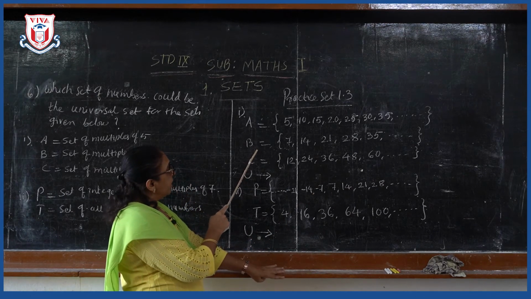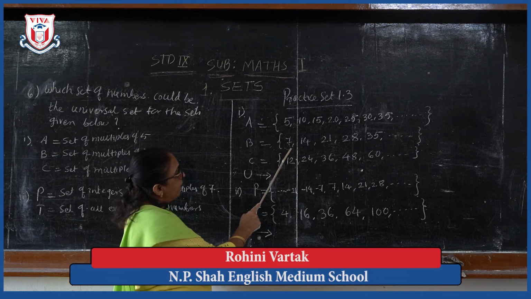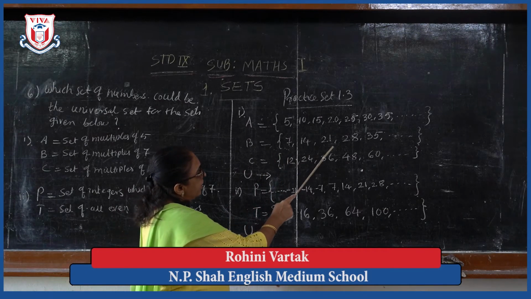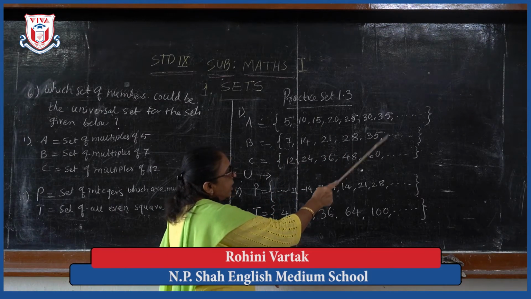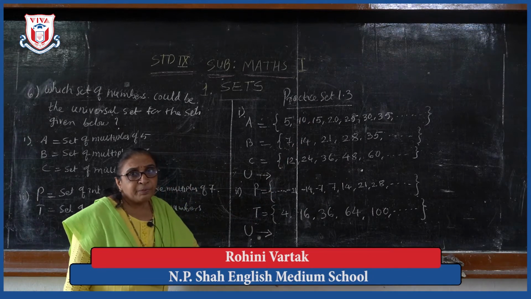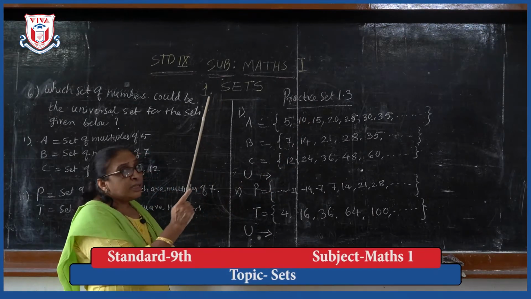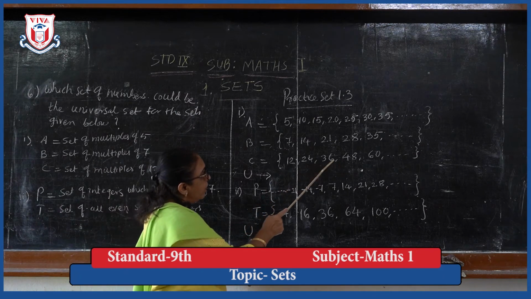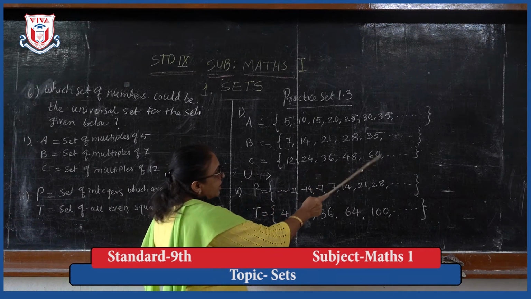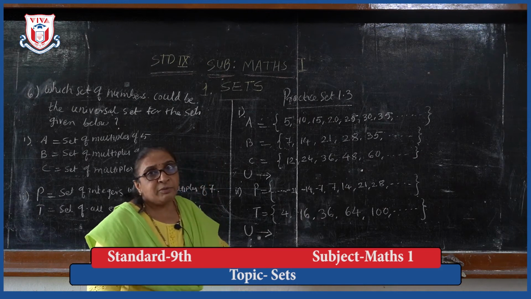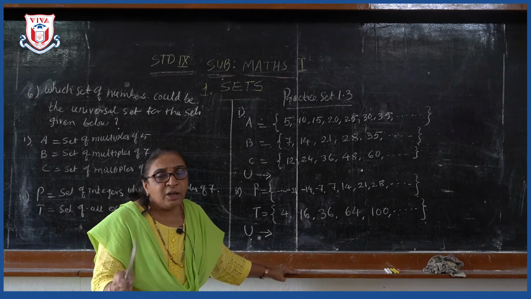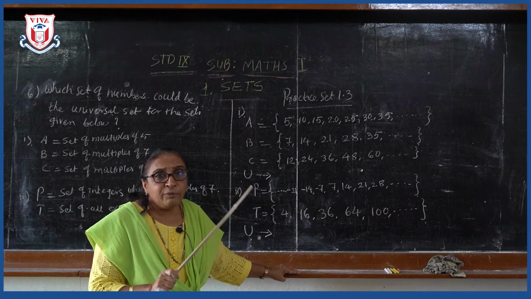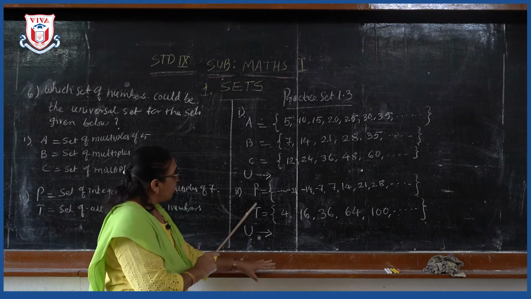Multiples of 7: set B will have the elements 7, 14, 21, 28, 35 and so on. And C is the multiples of 12, so 12, 24, 36, 48, 60. If you know the tables, you can very easily write at least 4 to 5 elements.